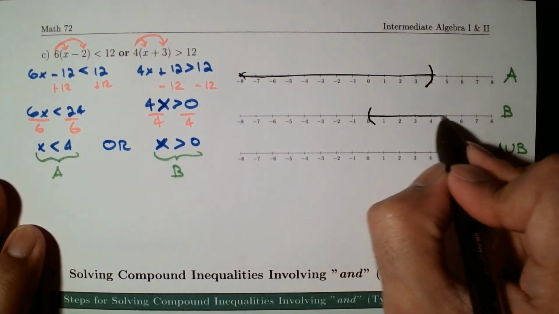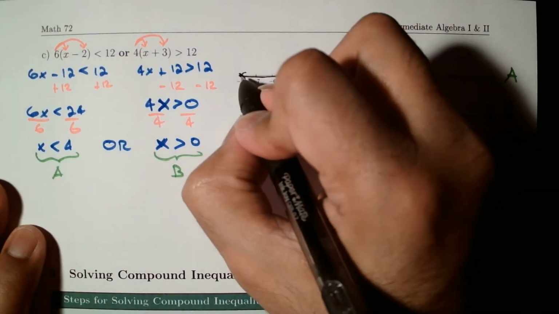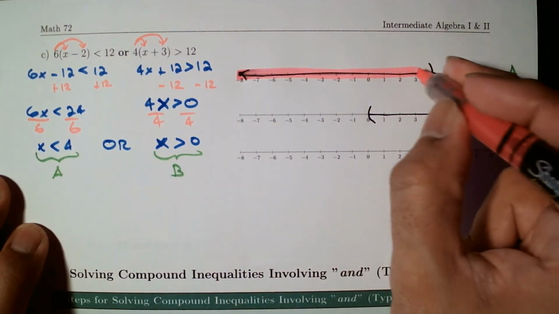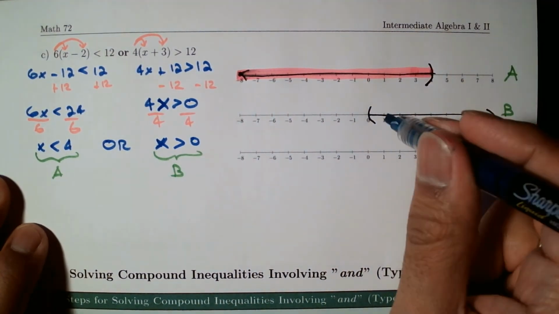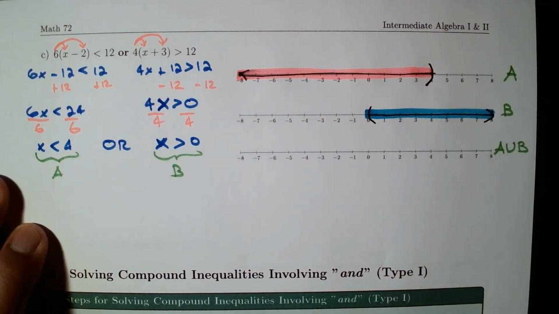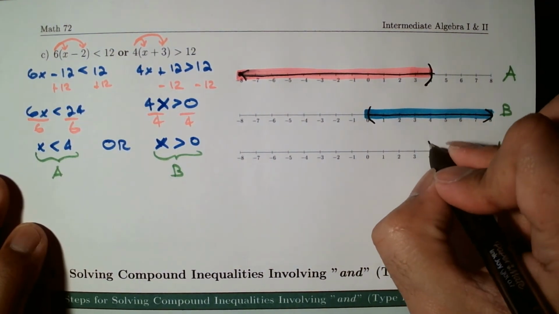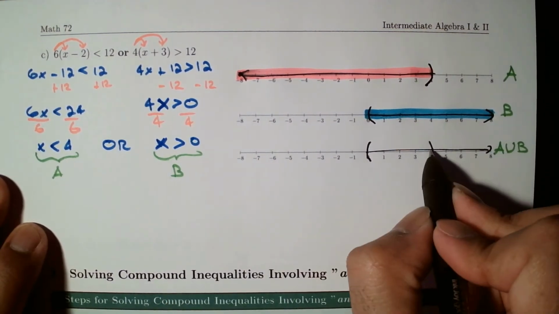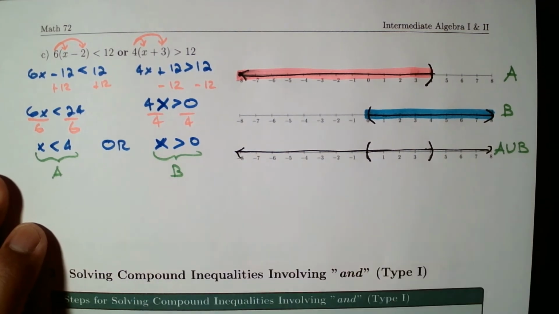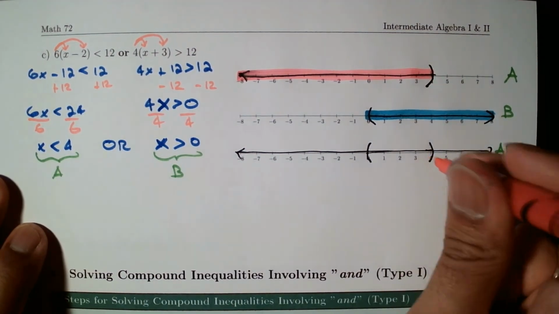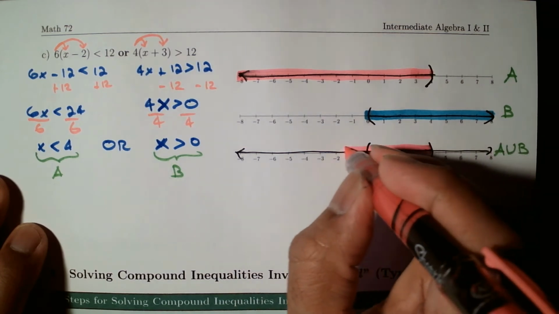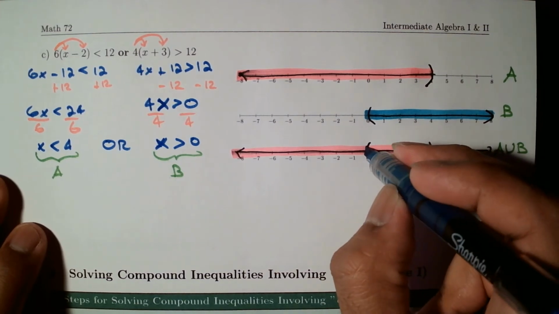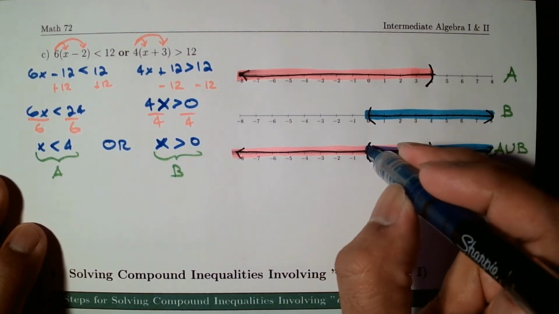Let's do some direction here, and let's shade. Now let's put them together. To the left it's going to go with pink, and to the right it's going to go blue.